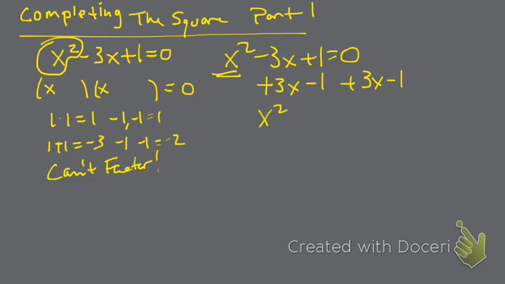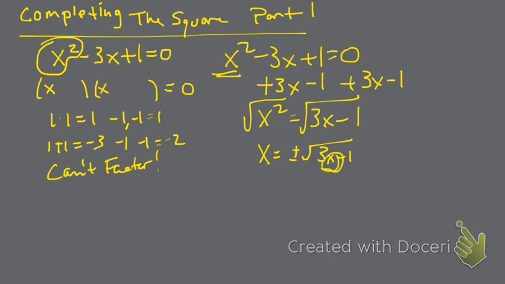Giving us x squared equals 3x minus 1, and then if we square rooted, right here you'll notice something's not right. We're going to have x equals plus or minus the square root of 3x minus 1. We never really isolated the x's on one side. We've made this more complicated. So solving by taking square roots is not going to work.